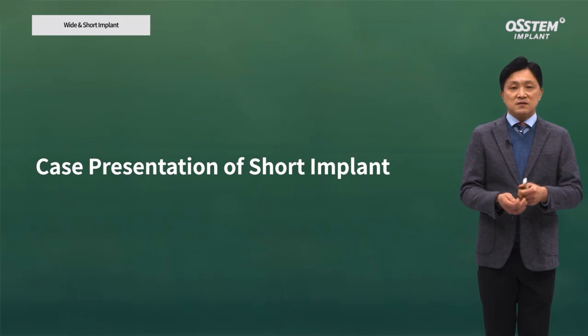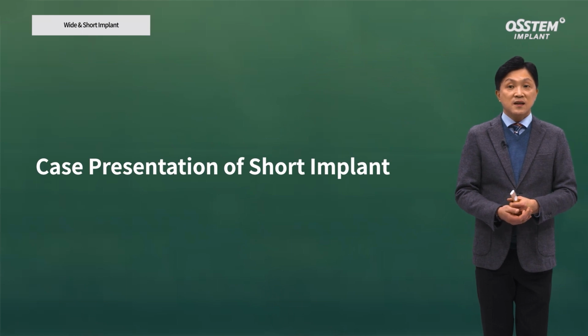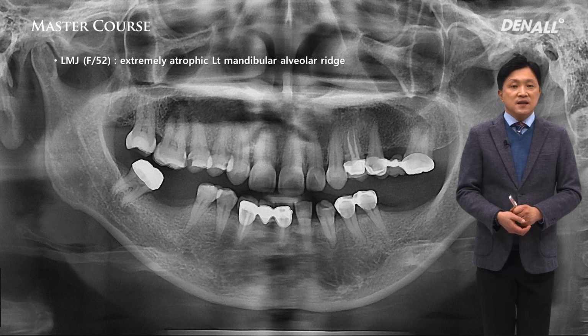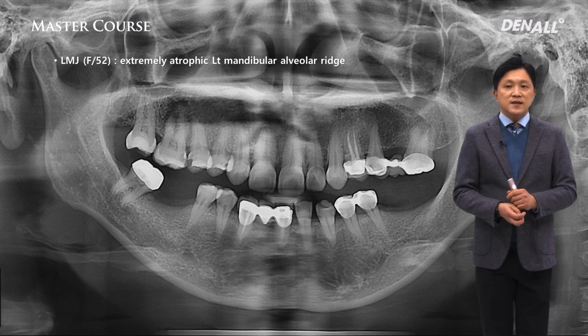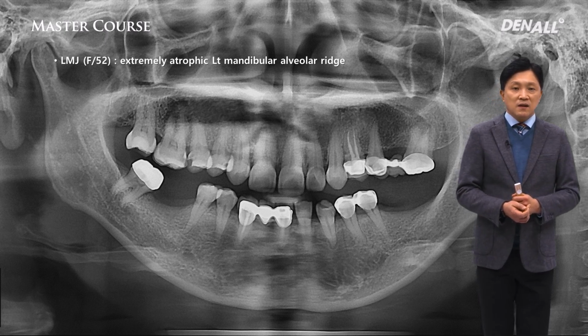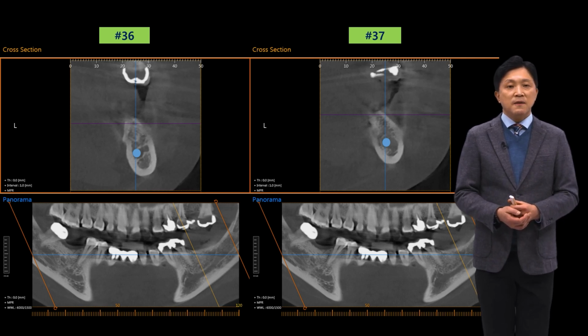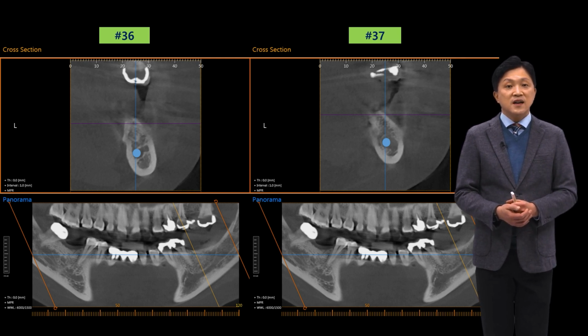So then we looked at wide and short implants. So where do we use them in real cases? Let's look at some case presentations. So this is a female patient, 52 years old, and if you see, there are no teeth in the 30th area, and if you look at CT number 36 and 37, the ridge cross-sectional view looked like this.